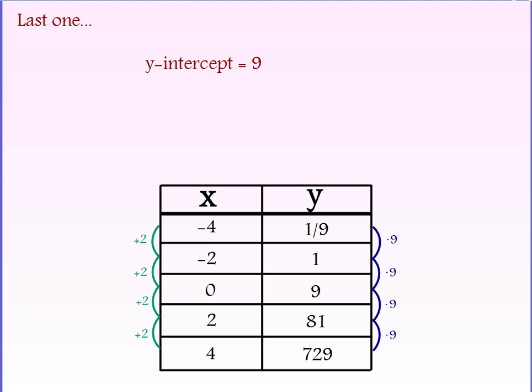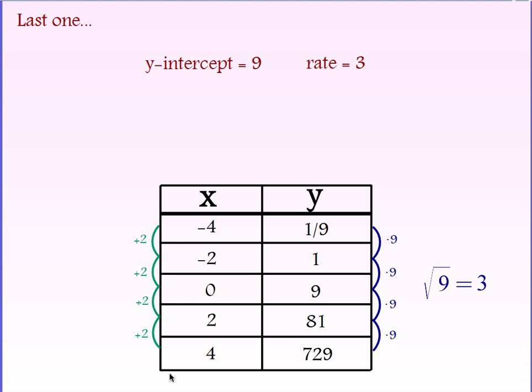To split one multiplication into its two factors, I actually have to square root. To split this 9 into two equal multiplications would give me 3. 3 times 3 equals 9. That means every time I advance one x value, I'm multiplying by 3, and that's the rate I would use.